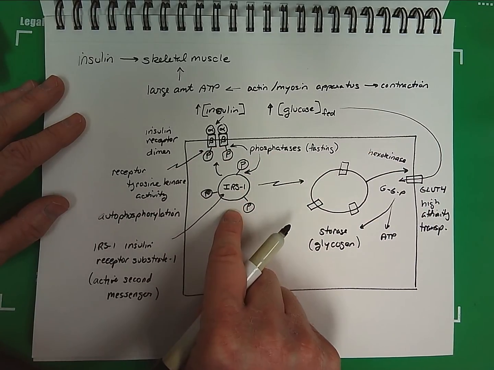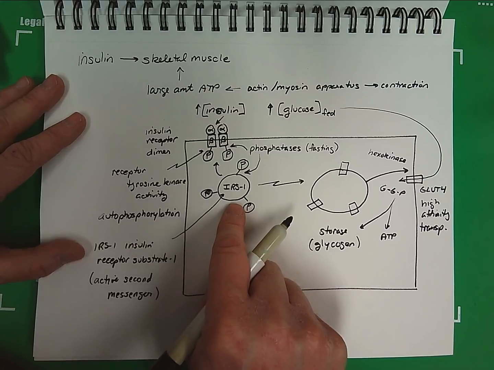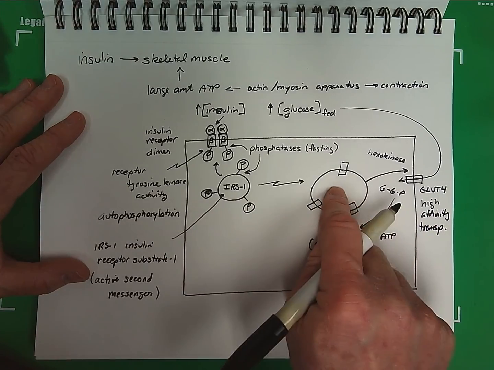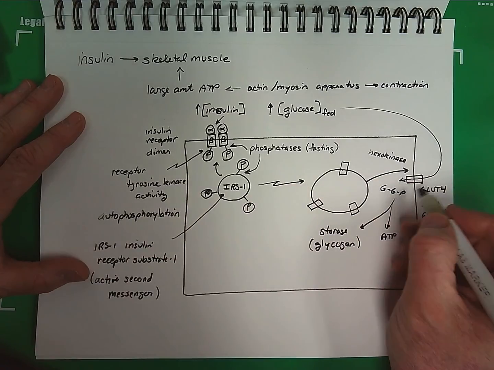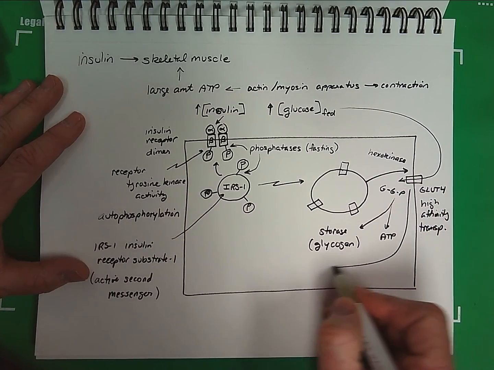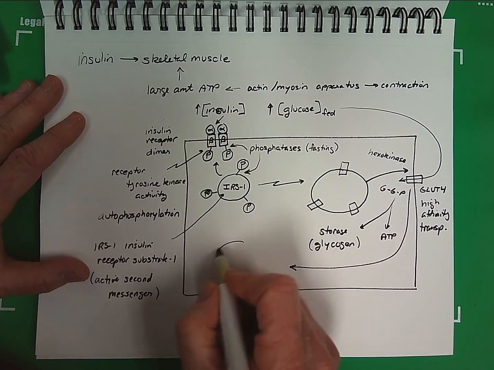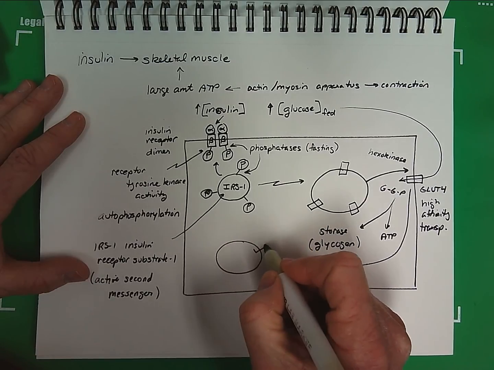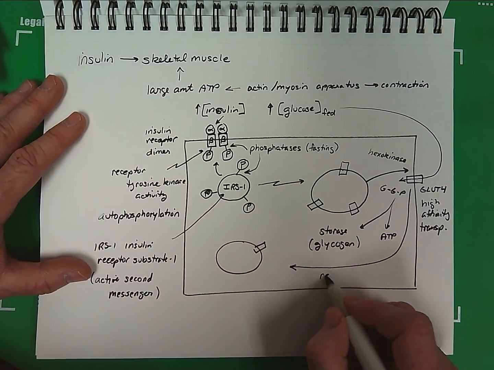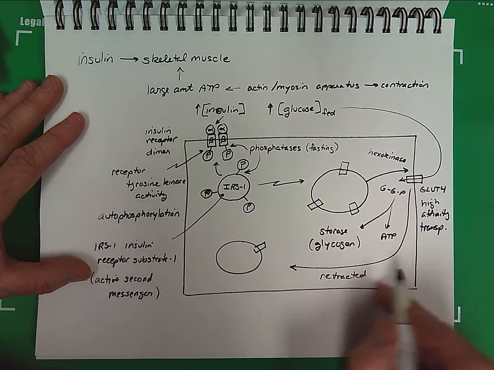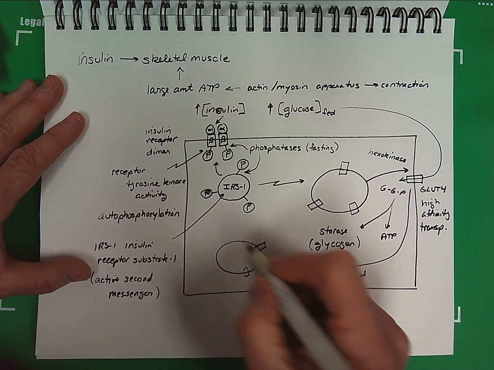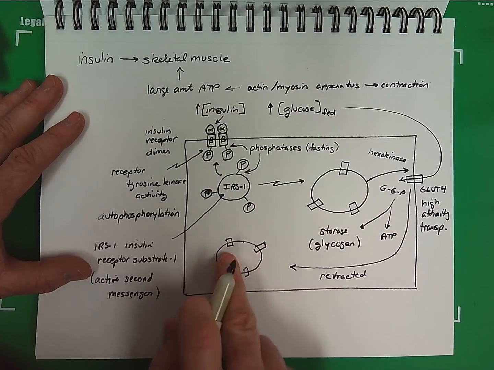Without this signal transduction, without an active secondary messenger, these vesicles are no longer fused with the plasma membrane. What actually happens is that these are retracted from the plasma membrane and return to vesicles.